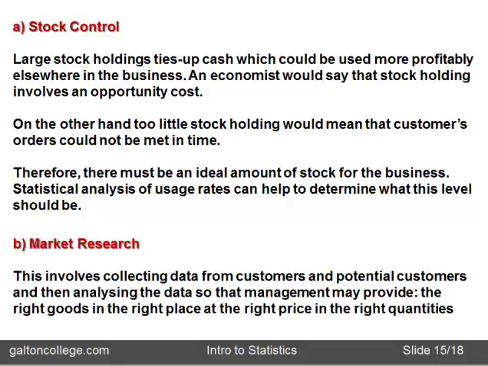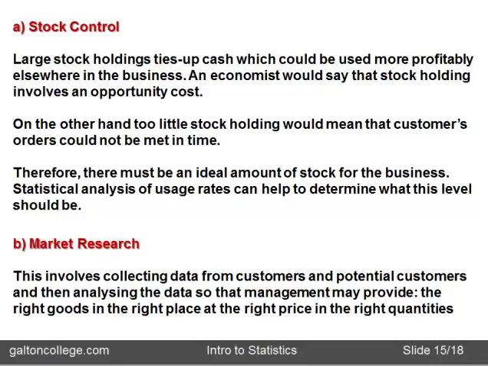On the other hand, holding too little stock might be dangerous. Production may stop because there's not enough stock, or customers may become frustrated because lead times have been extended, as they can't get their goods because production didn't take place. So having too little stock is bad, having too much is bad.